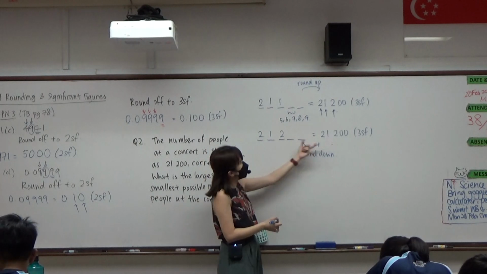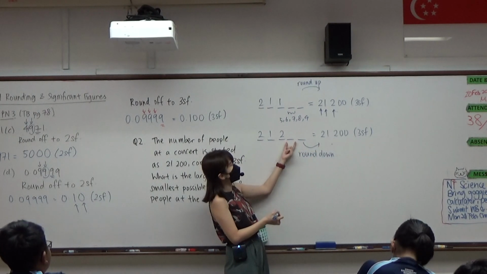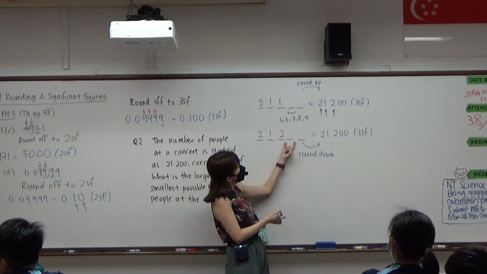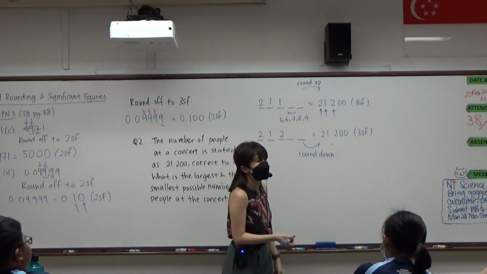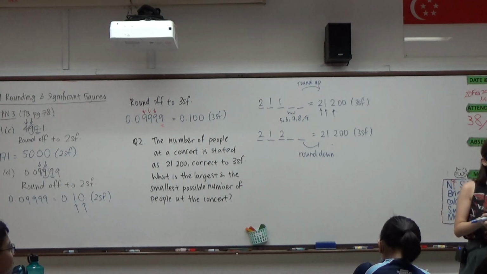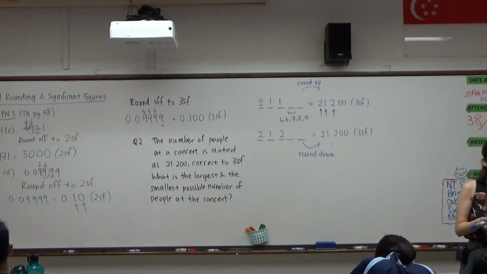In order to round down to achieve this, the digit over here must actually be what, Joel? What will cause my 2 to be rounded down to a 2? 1, 2, 3, 4, anything else? One more.